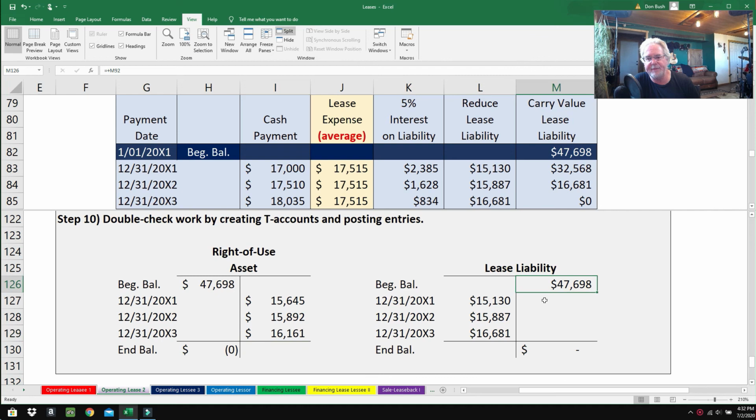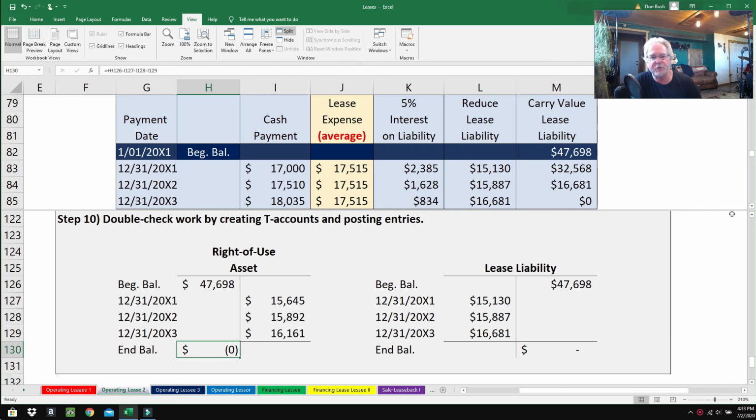Lease liability started out 47,698, and every time I debited lease liability, I wrote it down here. And I wanted to make sure that by the end of the lease, it equaled 0 and 0, and it did. And so that told me that I probably did this problem correctly and I didn't make any mistakes. Because this problem's a little complicated.